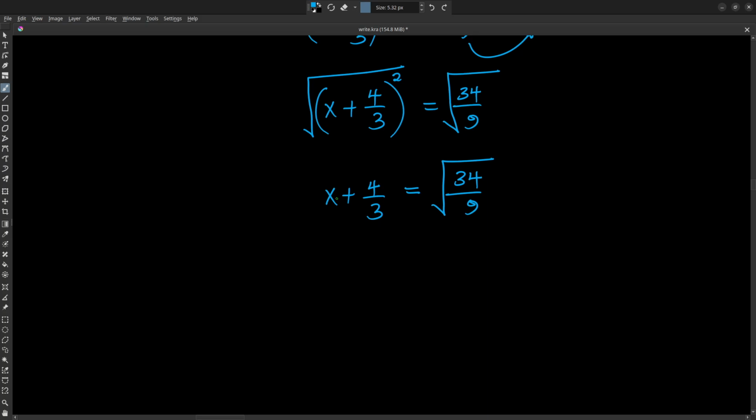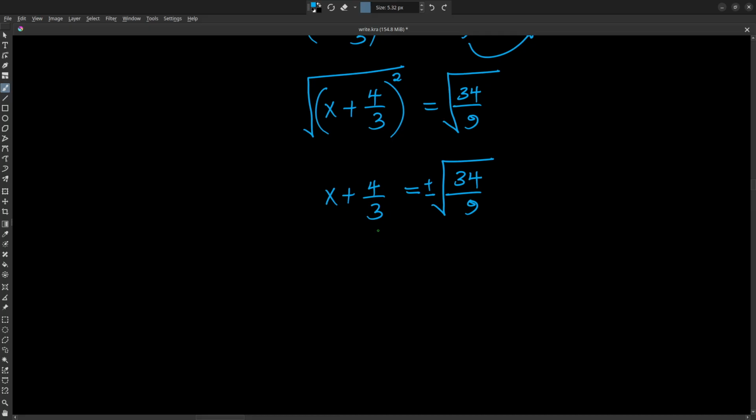So to find the value of x, also remember the square root of something is either plus or minus, right? Because negative 2 squared will still give you 4, and 2 squared will still give you 4. So this is supposed to be plus or minus the square root of 34 out of 9.